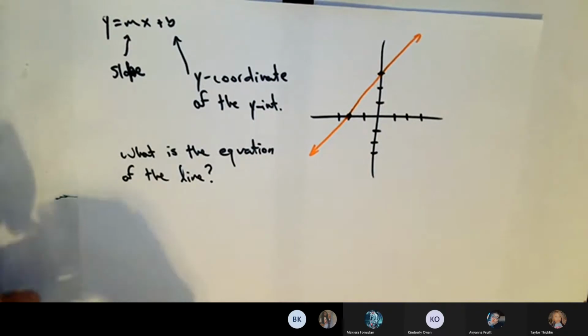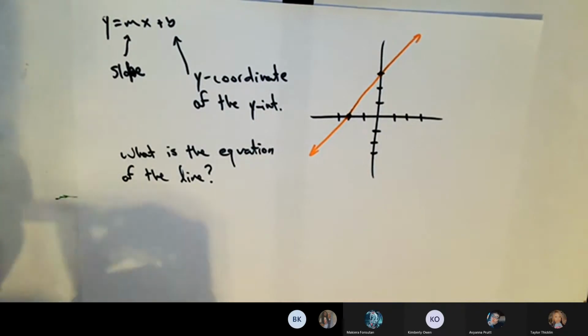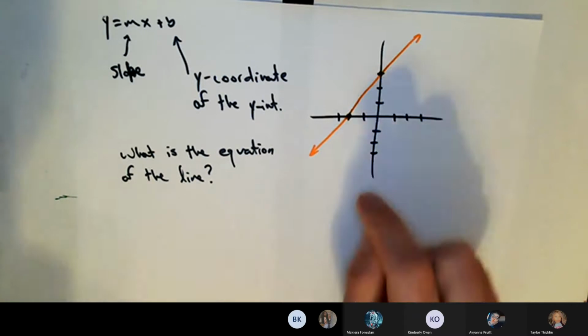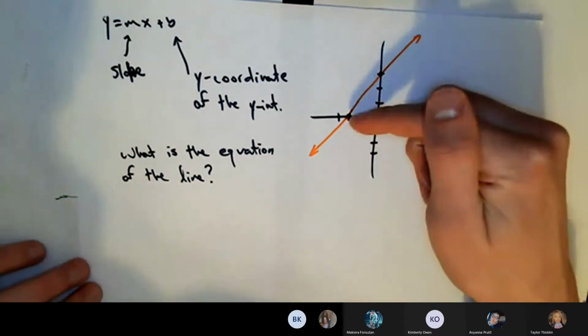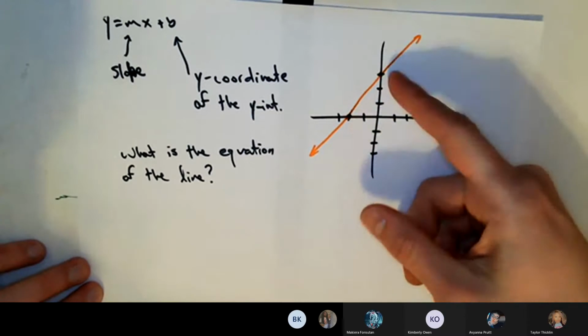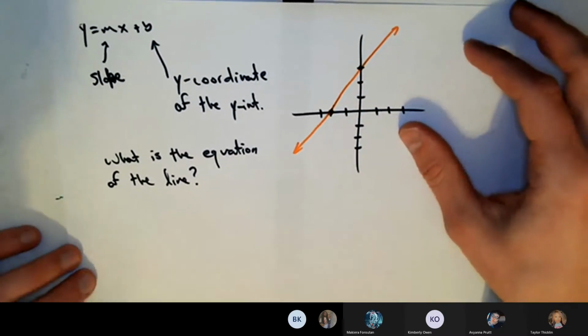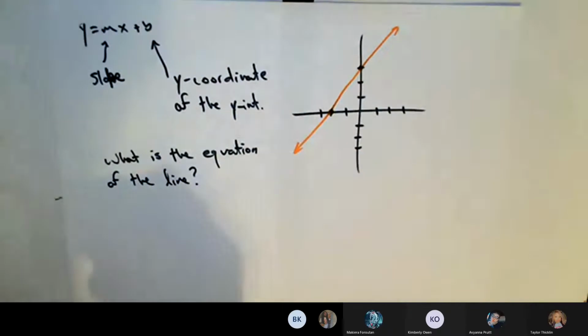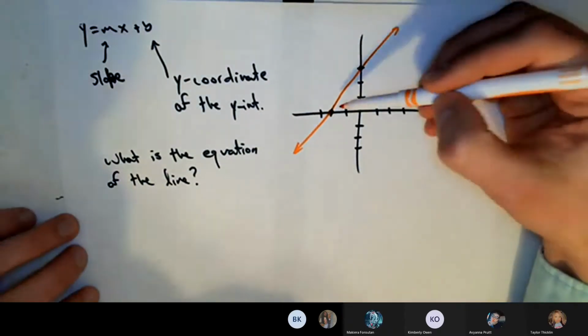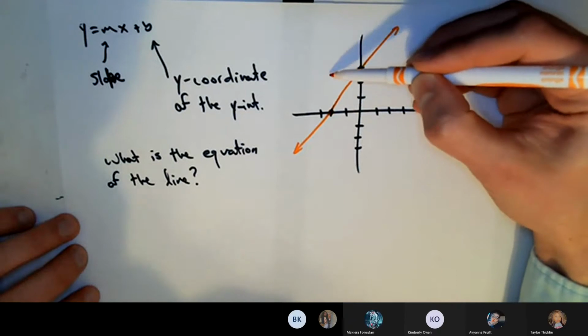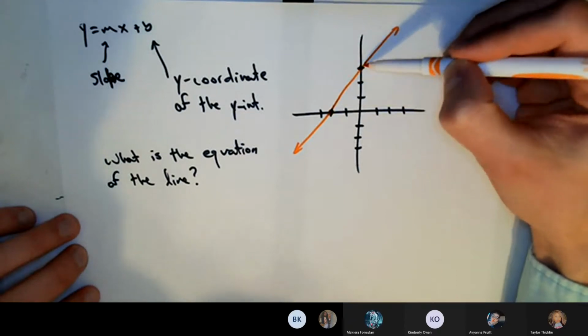If you have a picture, all you have to do is figure out what the slope is by counting the vertical distance between 2 points that you know about and the x distance between those 2 points. That'll give you the slope. So I'm going to count the y distance between these 2 points that I'm pretty sure about.